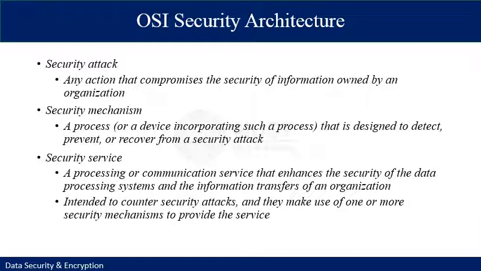The OSI security architecture provides a useful overview of many of the concepts, and it focuses on security attacks, mechanisms, and services. A security attack is an action that compromises the security of information owned by an organization. Any breach or compromise made on this information is called a security attack.